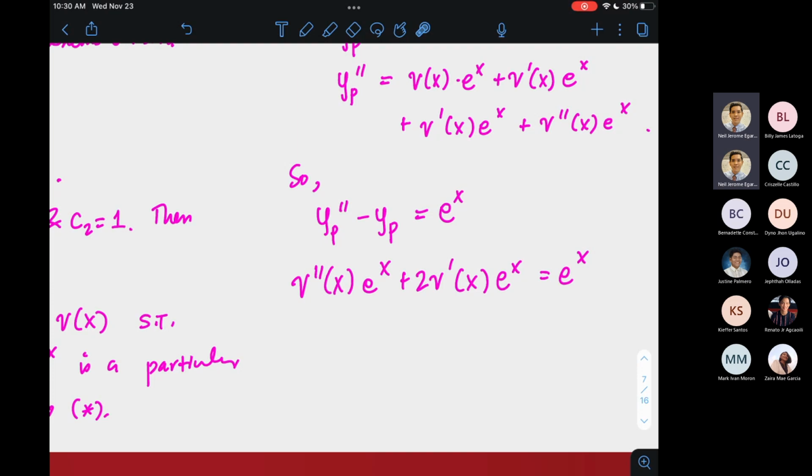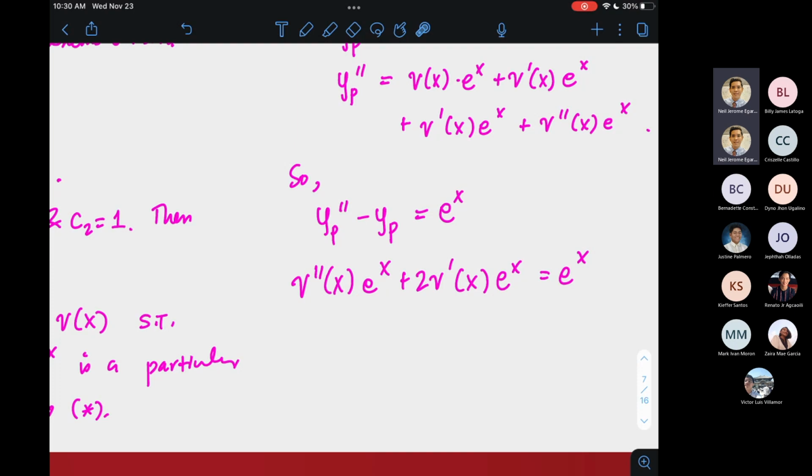All right? Siguro i-drop ko na siya sa mga susunod na mangyayari. But essentially here, all of them have e to the x, and e to the x is never 0, so I can divide both sides by e to the x. So I'll have v double prime plus 2v prime equals 1.